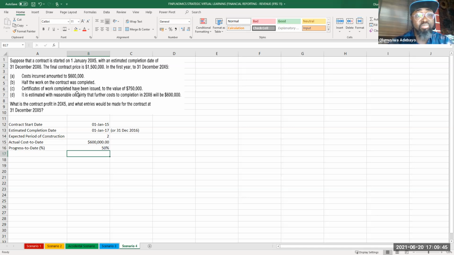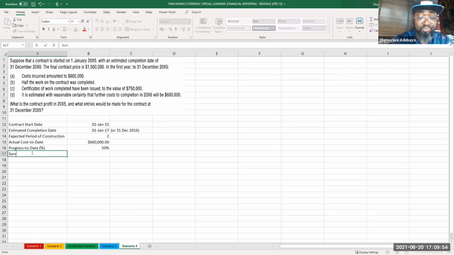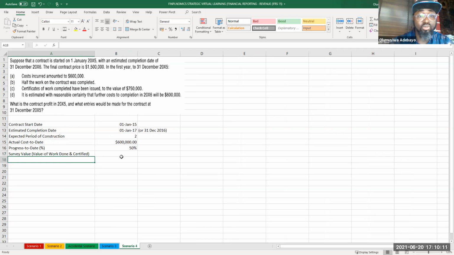Certificates of work completed are being issued, which means survey value of work done and certified. How much? 750.